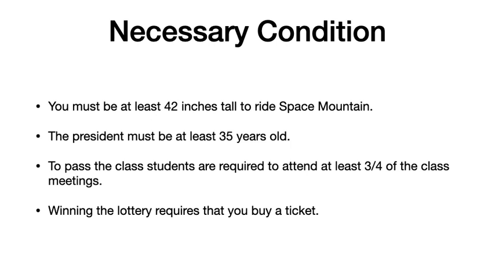To pass the class, you have to attend 3/4 of the class meetings. Not saying that everyone who attends 3/4 of the class meetings is going to pass. There might be other things you have to do. What we are saying is if you don't attend that many class meetings, you definitely won't pass. Winning the lottery requires that you buy a ticket. Well, sadly, not everybody who buys a ticket wins, but no one who doesn't have a ticket can win.